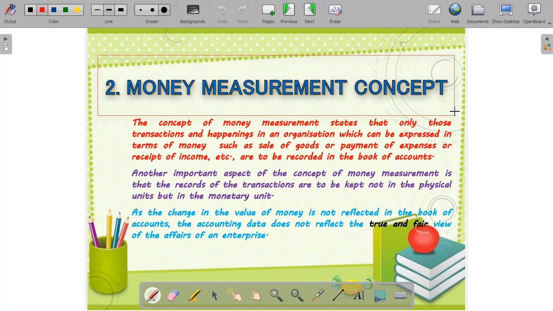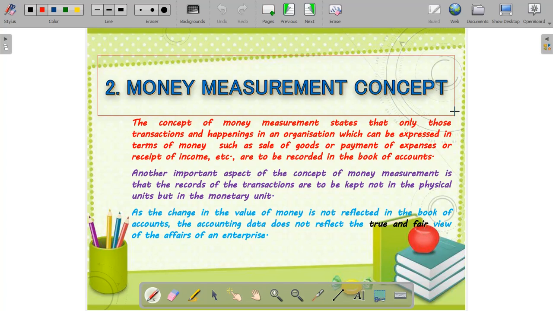Suppose a business enterprise has 70,000 rupees cash, 2 buildings, 4 machines; these assets cannot be added and shown in the financial statement unless they are valued in terms of money. Another important aspect of the concept of money measurement is that records of the transactions are to be kept not in the physical unit but in the monetary unit. This is the mandatory requisite of accounting, right?